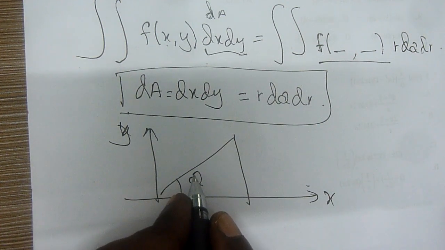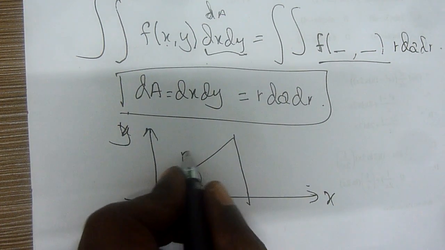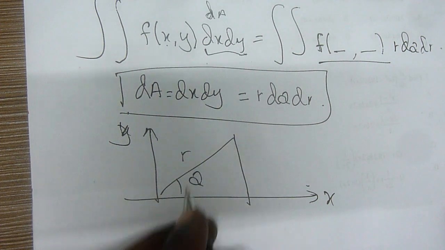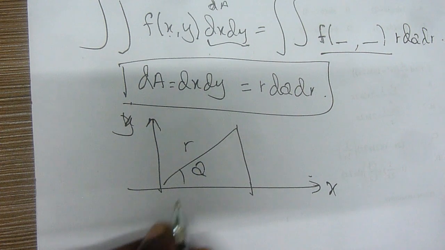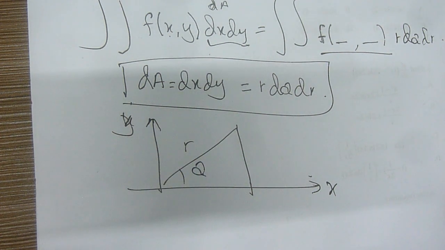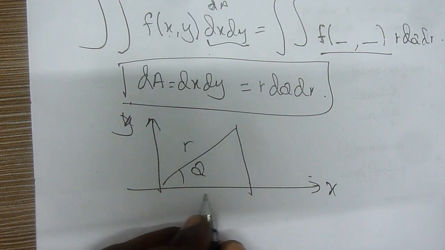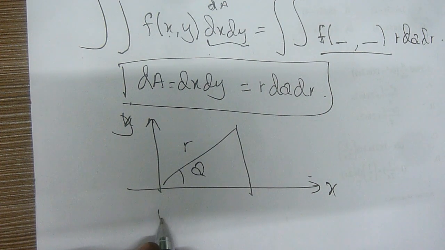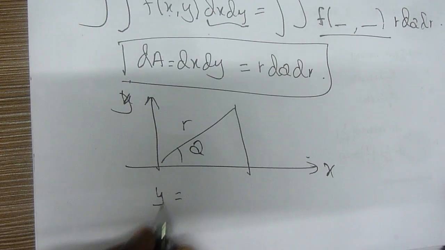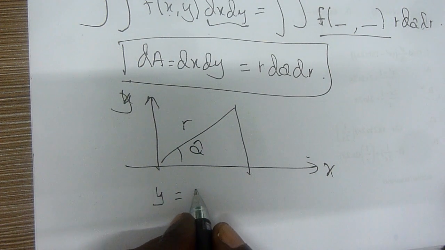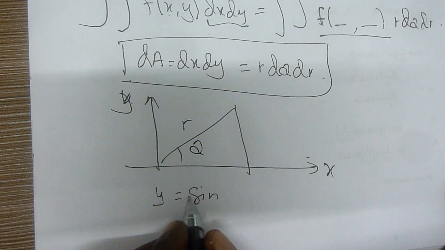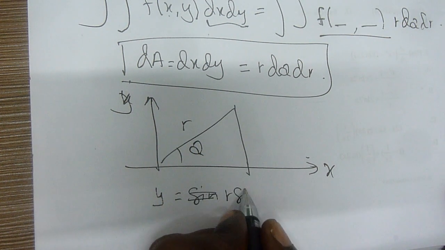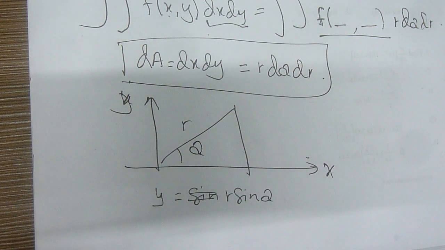Every time you want to find theta, and this is r, you can calculate using sine and cosine, and from there you can find x and y. The basic thing here is y equals r sine theta. Is it correct?